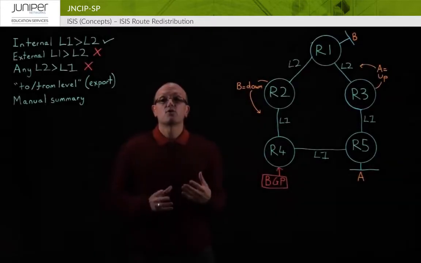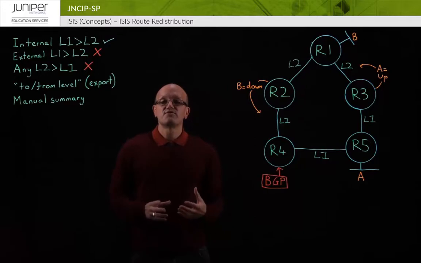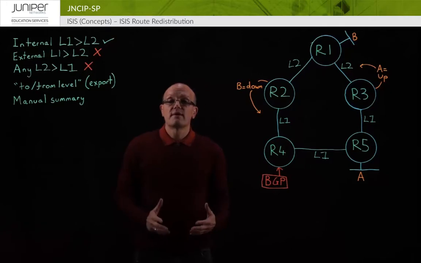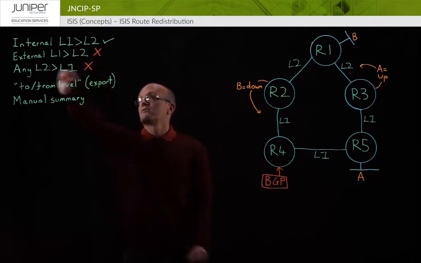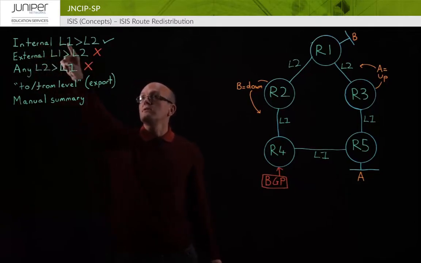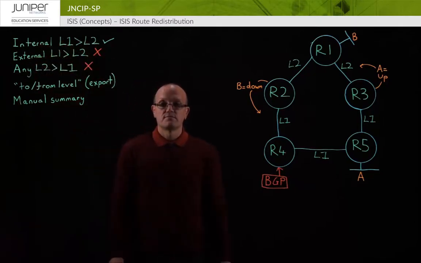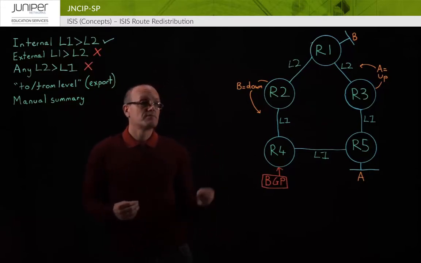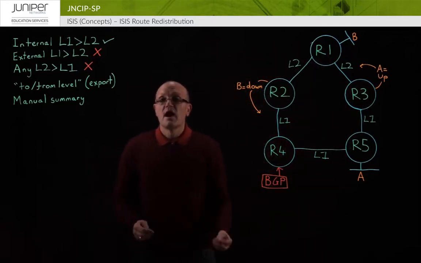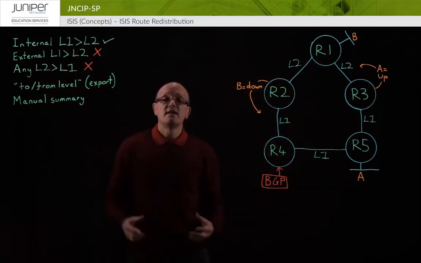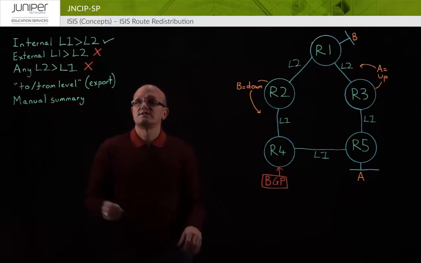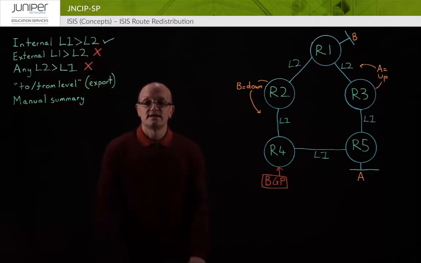In this video, we'll talk a little bit more about the redistribution of routes between levels within ISIS. So we've already talked about the main rule, which is that we can advertise internal routes from level 1 up to level 2. The level 1, level 2 routers, R2 and R3 in the case of the diagram on the board, are taking information from the level 1 link state PDUs and advertising that across level 2 adjacencies in level 2 link state PDUs.